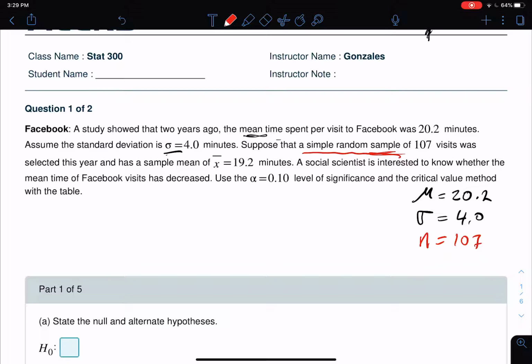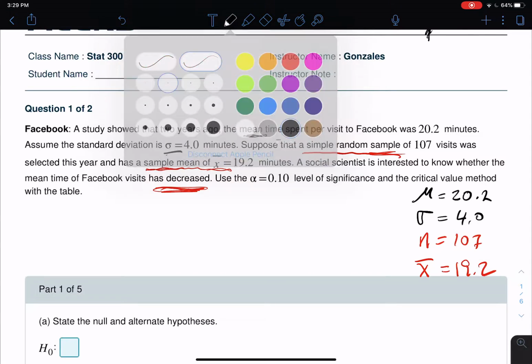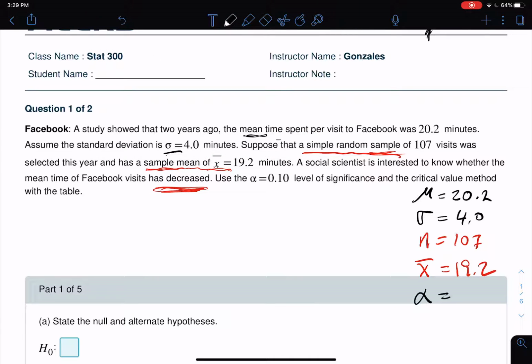Visits selected this year. So the mean of the sample is going to be x bar, and that is 19.2. A social scientist is interested to know whether the mean time of Facebook visits has decreased. Also note that our significance level alpha is 0.10.